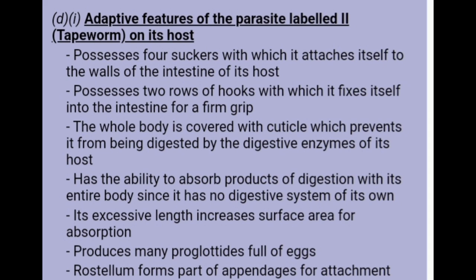So digestive enzymes are passing through but not able to digest those parasites, so they stay and they live long. Also it has the ability to absorb products of digestion with its entire body, since it has no digestive system of its own. Its excessive length increases surface area for absorption because it's very long, and it produces many proglottides full of eggs.